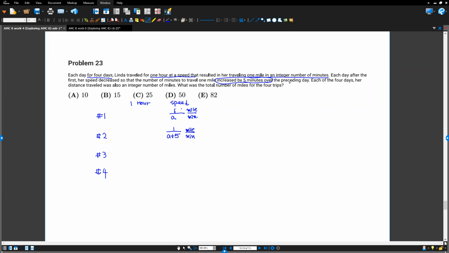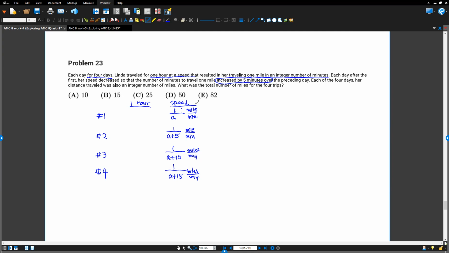The next is 1 mile per a plus 10 minutes. Another 5 over here, 1 mile per a plus 15 minutes. That's the speed. Are you guys with me over here?